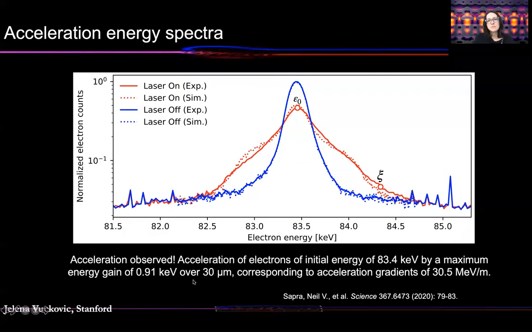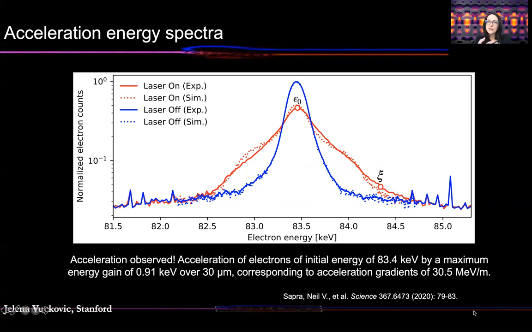So here is the measurement. With laser off, if you pass electrons through this structure without input optical field, they would just exit this stage of accelerator with the same energy that they had initially, 83.5 kilo electron volts. When you turn laser on, you see clearly that you accelerate electrons, and you accelerate them by about a kilo electron volt within this stage that is 30 micrometers long.